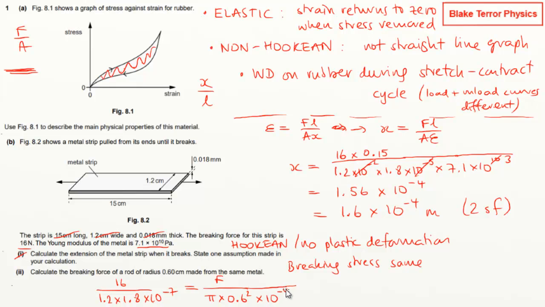So let's deal with all of this then. So we get rid of that, make that a 3. So our F, I'm running out of space, so I'm just going to start typing this all in. We're going to have 16 times pi multiplied by 0.36, and then we've got to divide by 1.2, divide by 1.8, and then we've got our 10 to the 3 to put onto that.